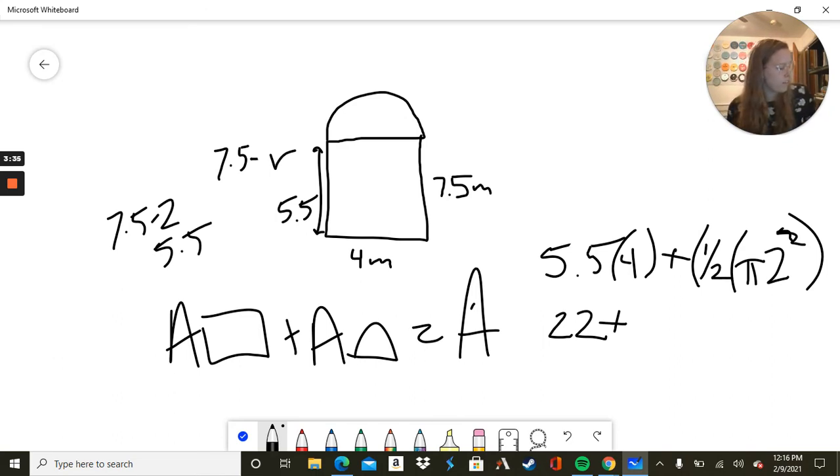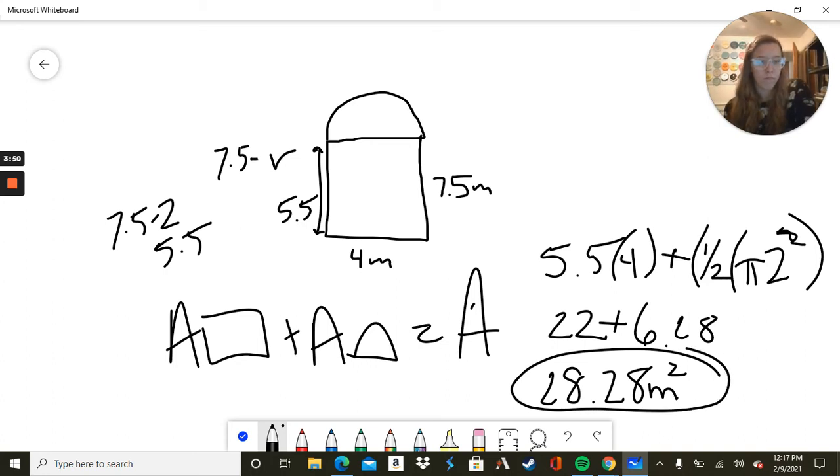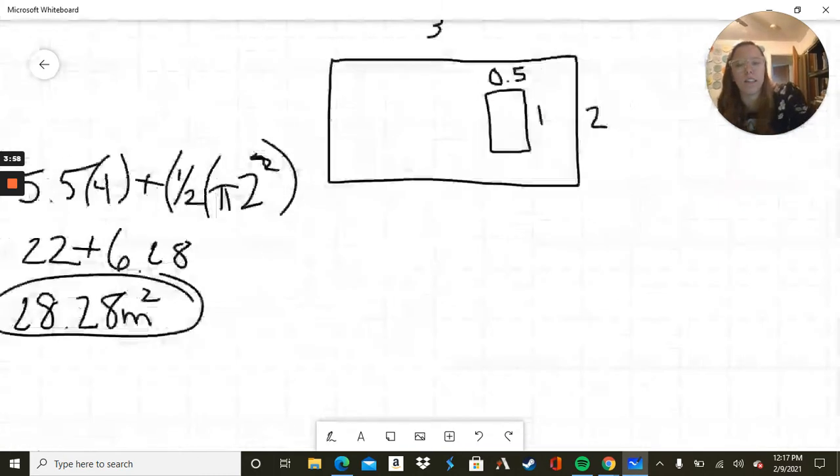Half of that is 6.28. We add those together, we get 28.28 meters squared for our area. We have a label and it's always squared when you're working with area. All right, let's look at the next one.